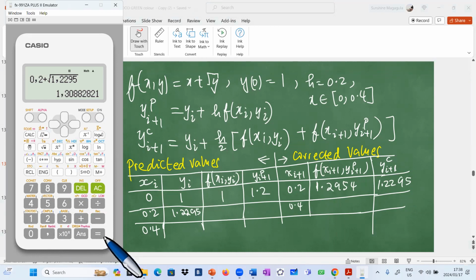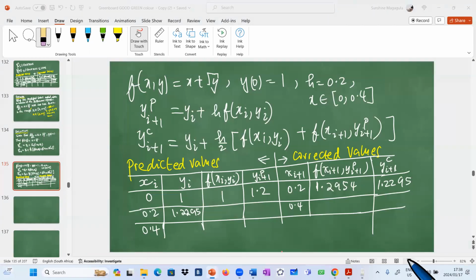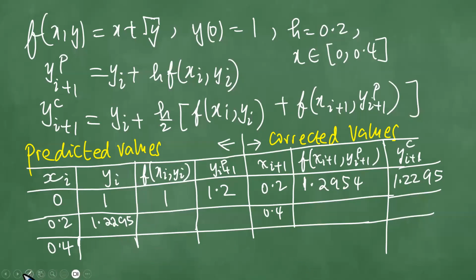Right, so it's 1.30882, etc. So we have seen therefore that the answer here is 1.3088.